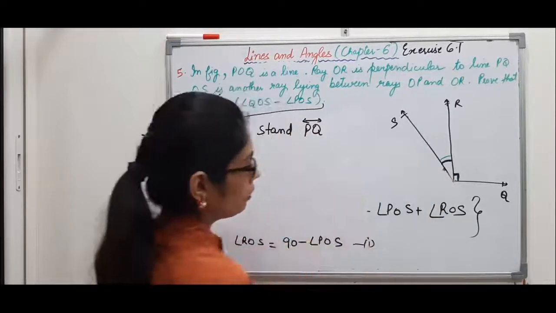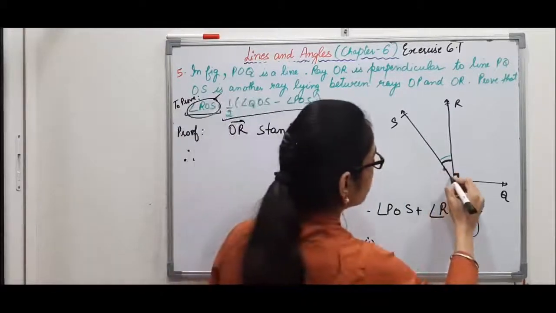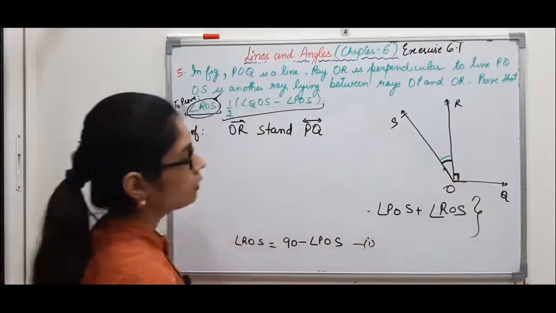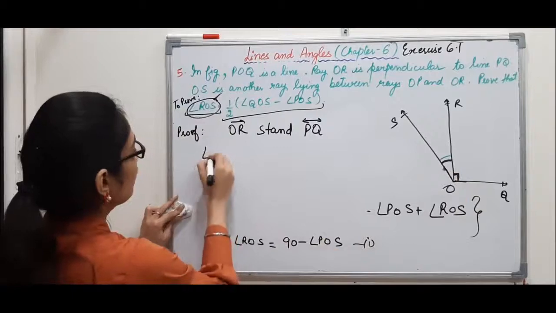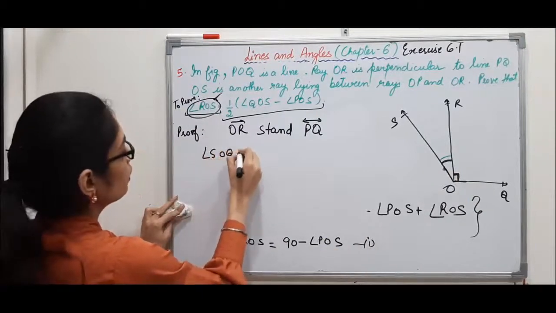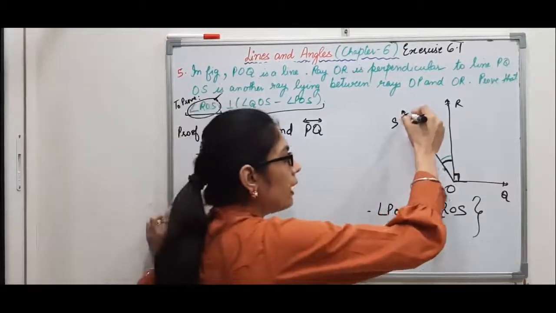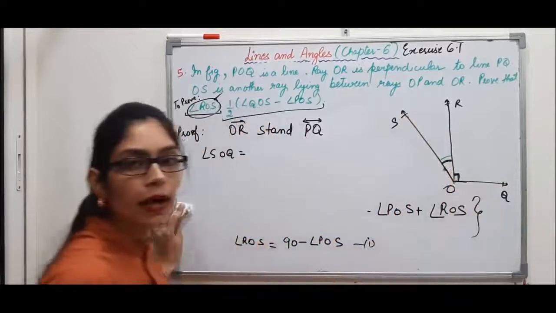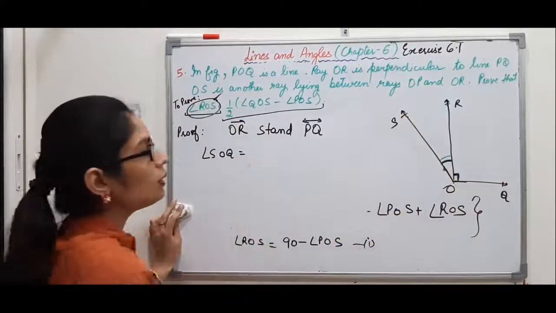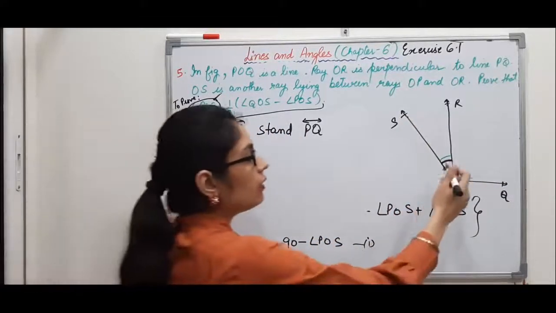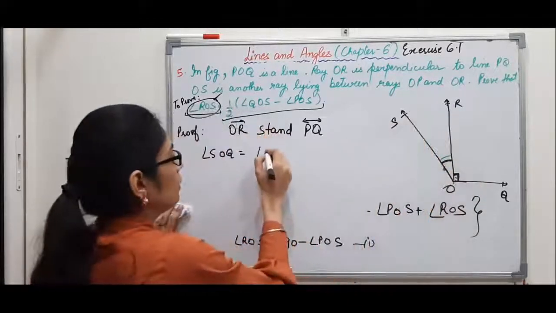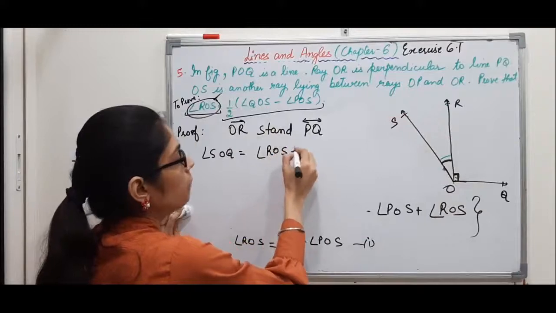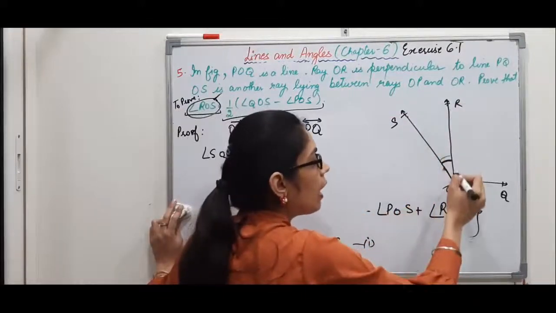Now this we won't see now, because this thing we are going to use, this is point O. So I am just taking angle SOQ. See this one, angle SOQ, this one I am taking now. Why am I taking this angle? Because in this angle also we see angle ROS is there, ROS plus angle ROQ.